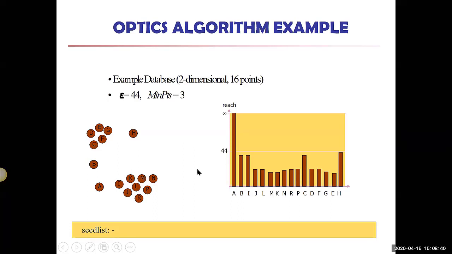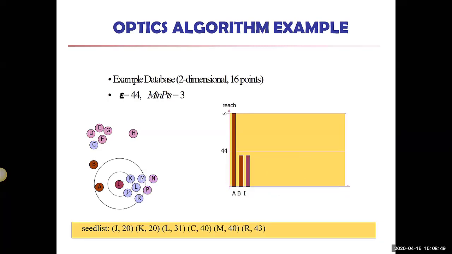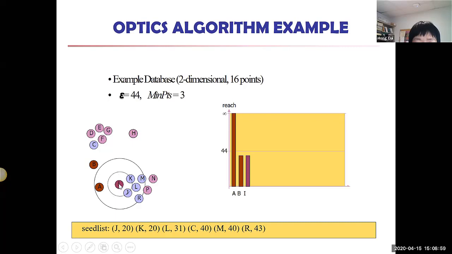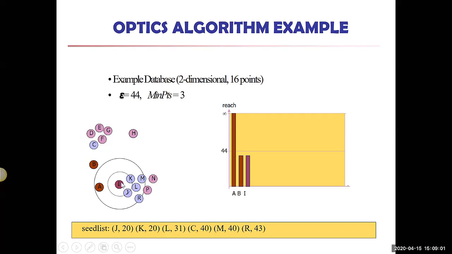So is the core distance essentially from I, because the size was set to, for min points, the size was set to 3. Since min points is set to 3, right, then the core distance is the smallest value that can capture 3 points.